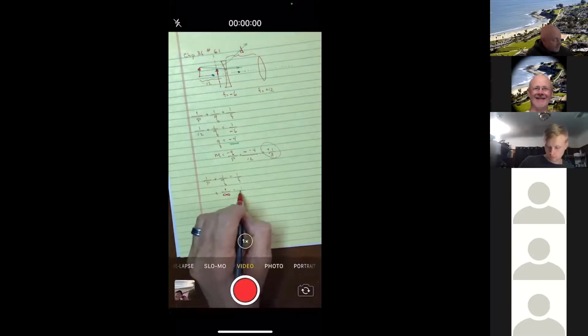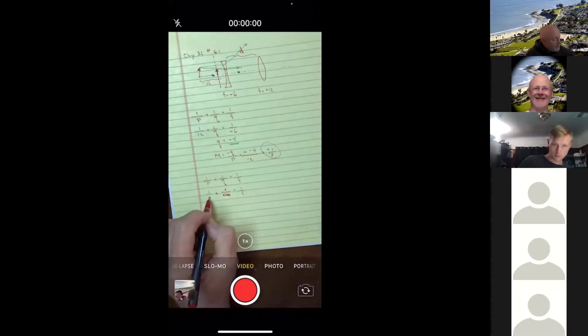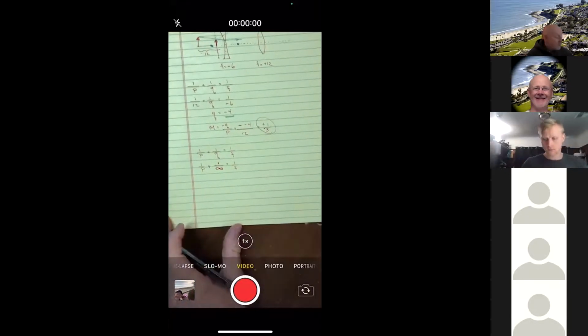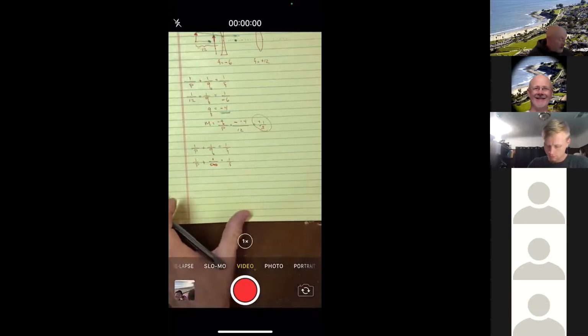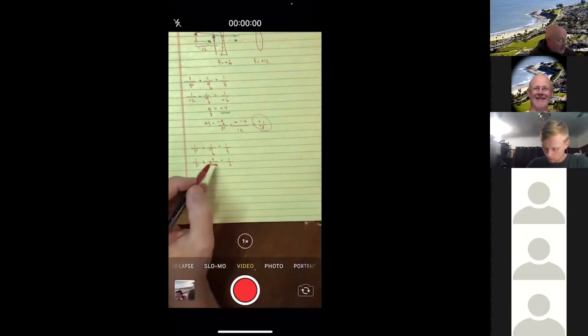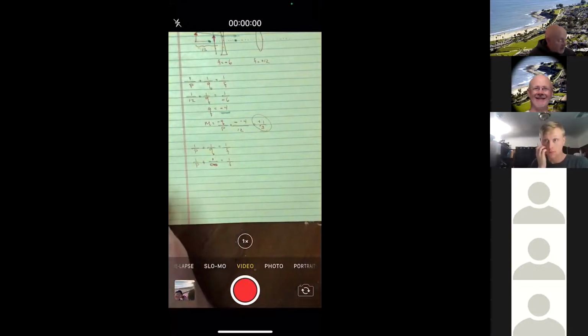Was 1 over F, 1 over P. Now, infinity in an equation often is a pain, but fortunately, 1 over infinity is not. 1 over infinity is just 0.